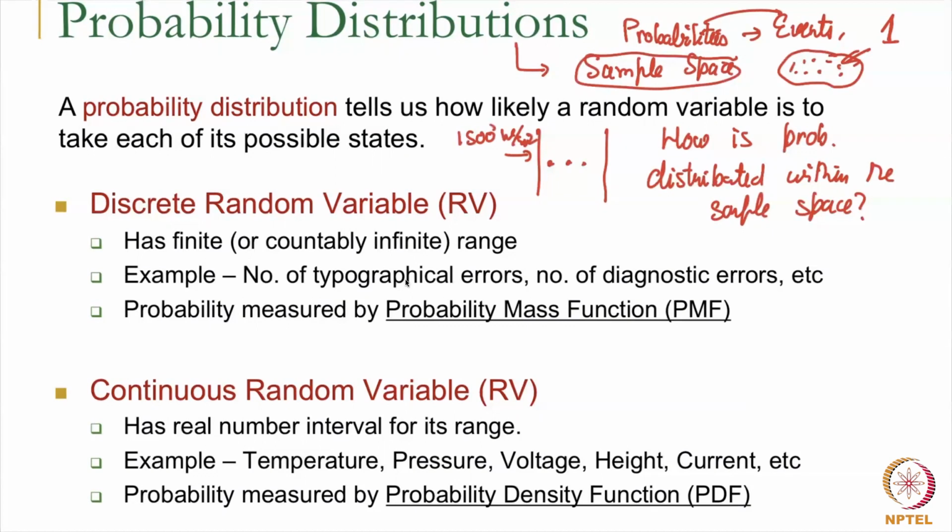Let us say the likelihood of lying between 1500 and 1510 is something like 10%. But there is actually a chance that you might hit 1700 watts per meter square. You want to know what that chance is. Is it 10%? Is it 5%?